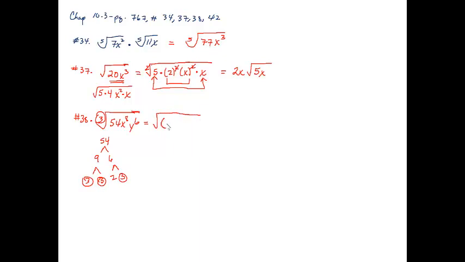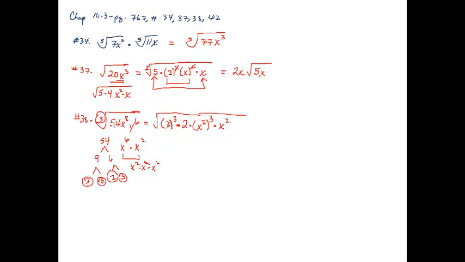So that's like saying 3 raised to the third power times 2, times x to the 8th, which is like saying x to the 6th times x squared. The rule is keep the base and add the exponents. So x to the 6th is like saying x squared to the third power times x squared. Because remember, x to the 6th is x squared times x squared times x squared.